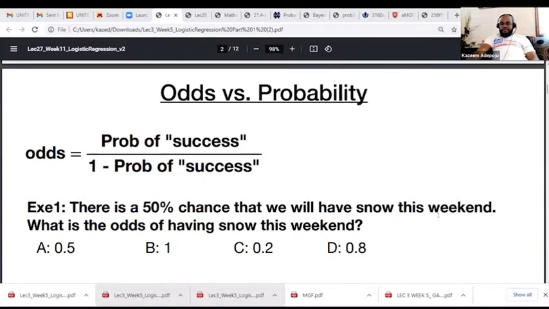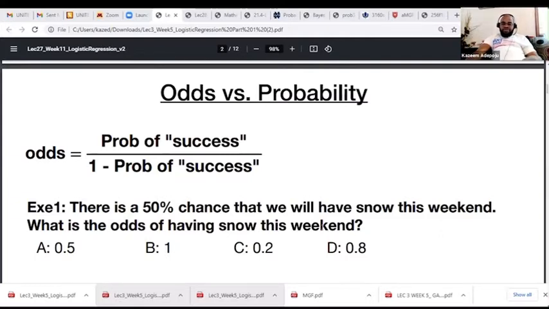And we have a question right here. There's a 50% chance that we have snow this weekend. This is just a question; I'm not talking about having real snow this time around. If there is a 50% chance of having snow this weekend, what are the odds of having snow this weekend?